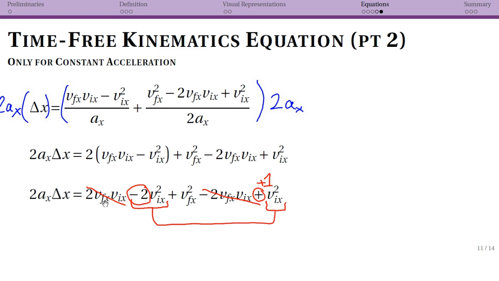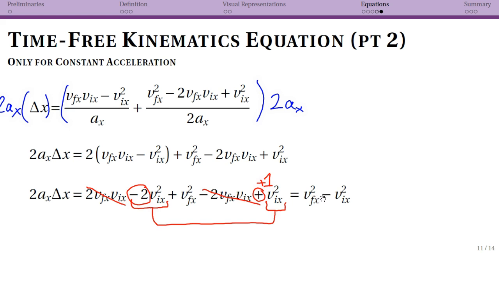And so when I combine those together, I actually end up with negative 1 vix squared. Don't lose this other term here. So now I'm left with this single term on the left and 2 terms on the right. This has actually gotten much simpler, right?